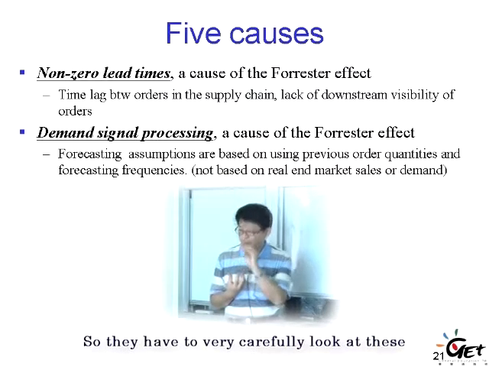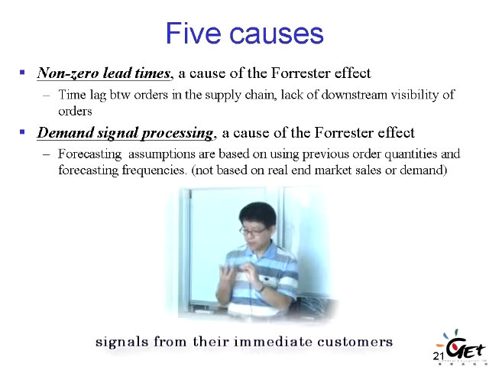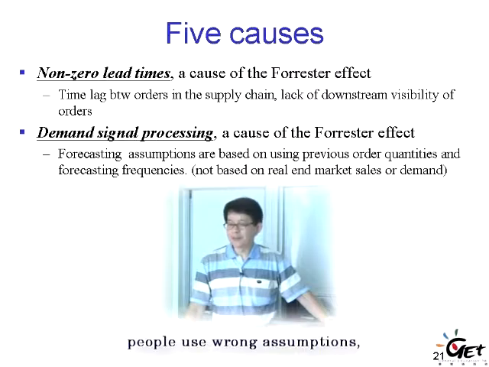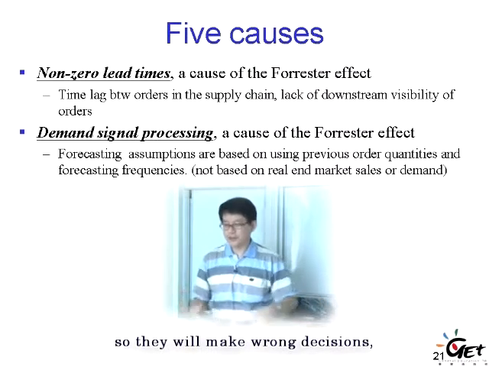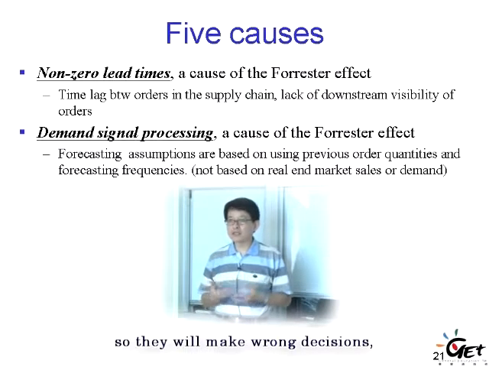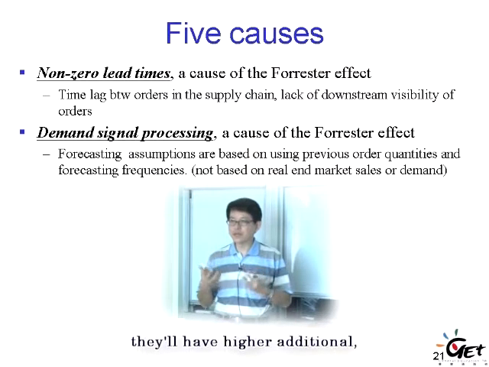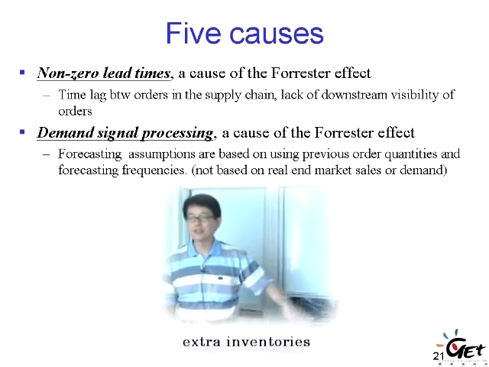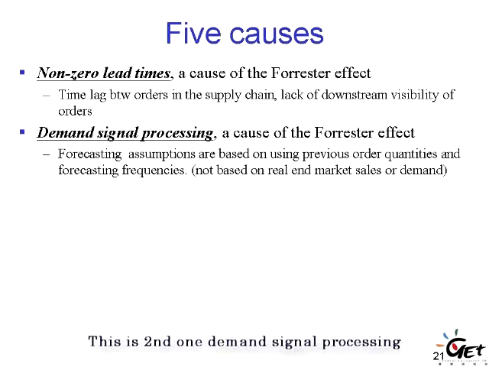So they have to look very carefully at these signals from their immediate customers. Okay? So typically people use wrong assumptions, so they will make wrong decisions, so they will have higher additional extra inventories. So this is the second one, demand signal processing.